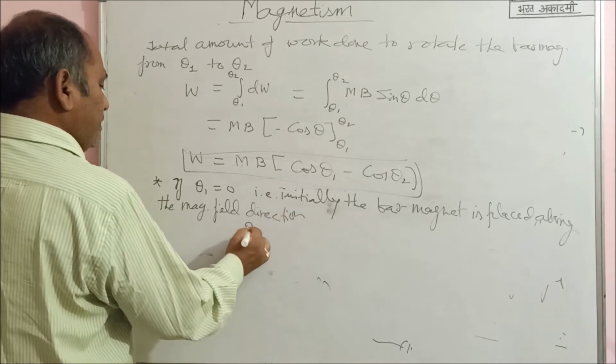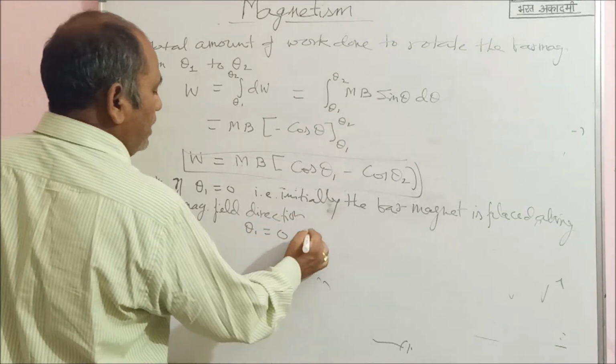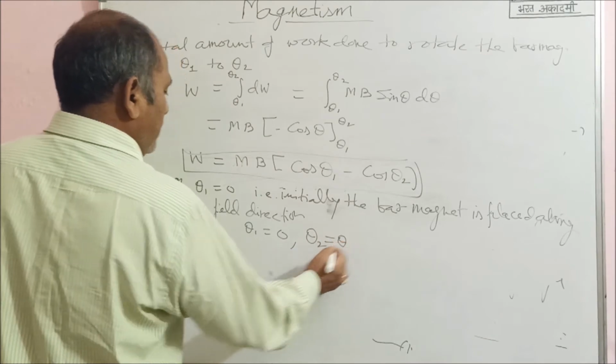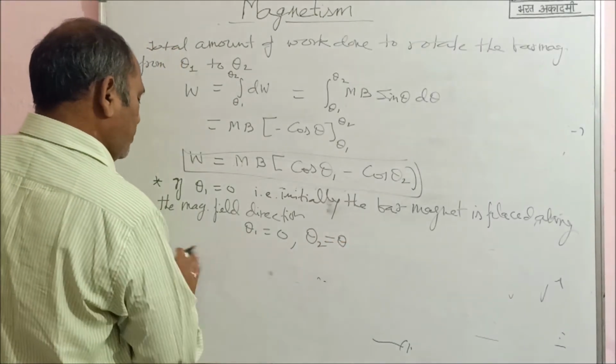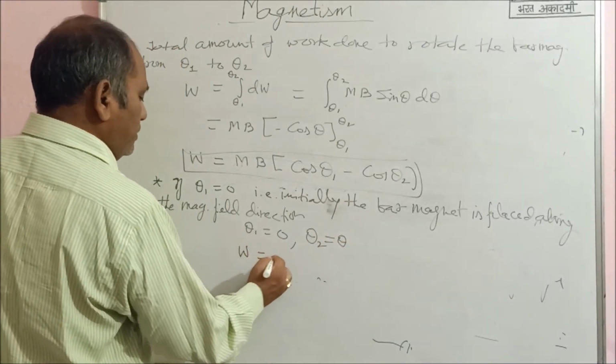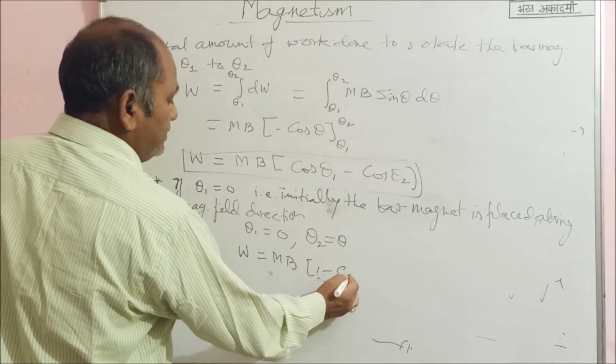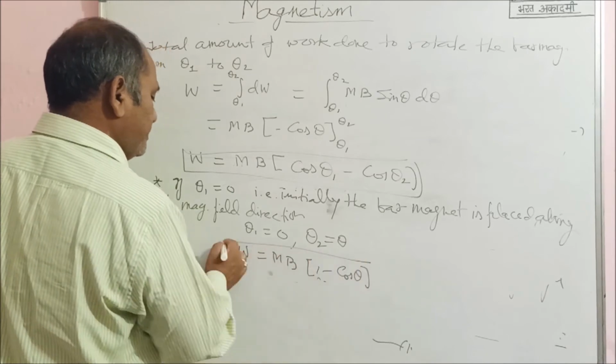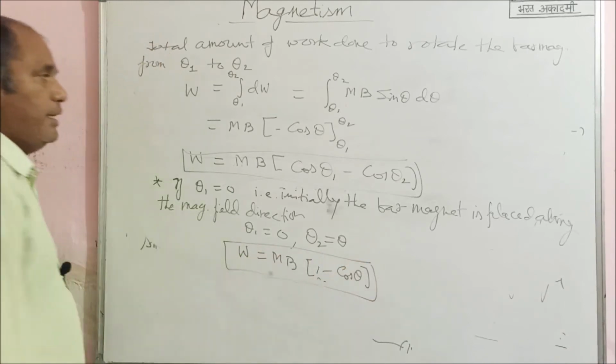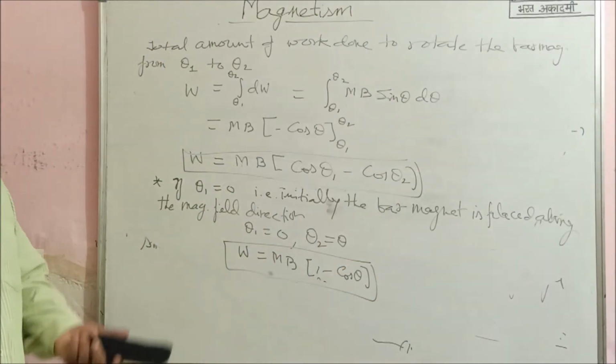Then in that case, theta 1 is 0 and whatever angle we will rotate, that will be theta 2, right? Theta 2 will be theta itself. So what we will get? W is equal to mB (1 minus cos theta). This replica, just a revision.